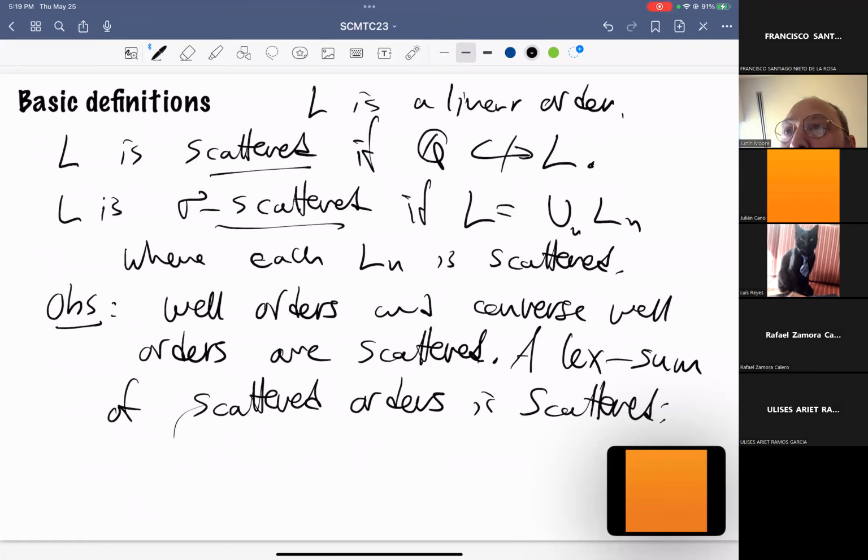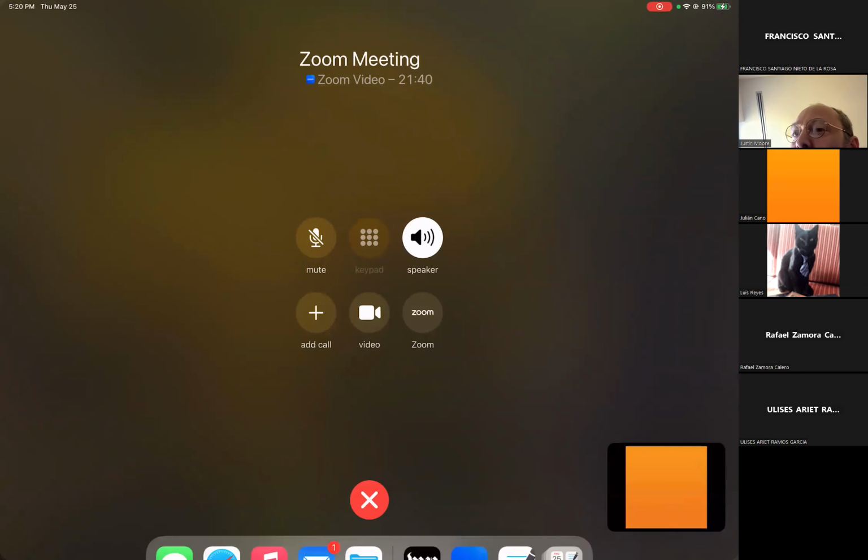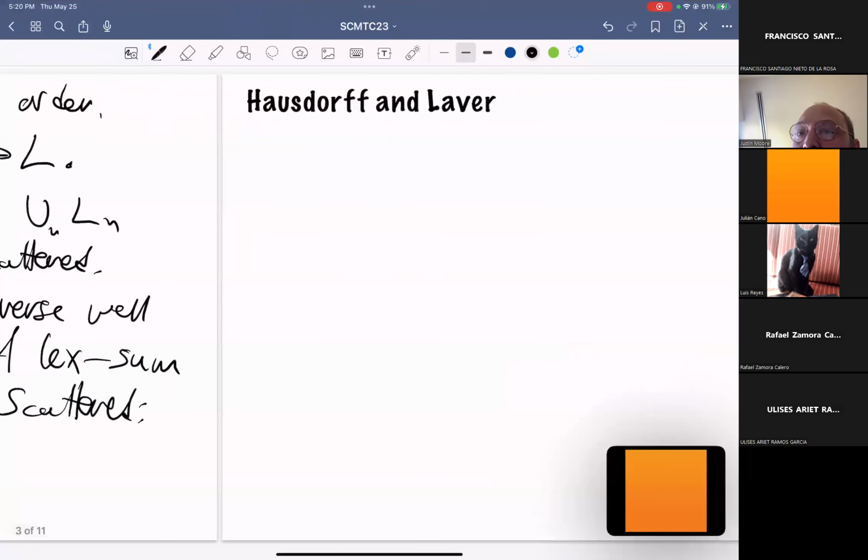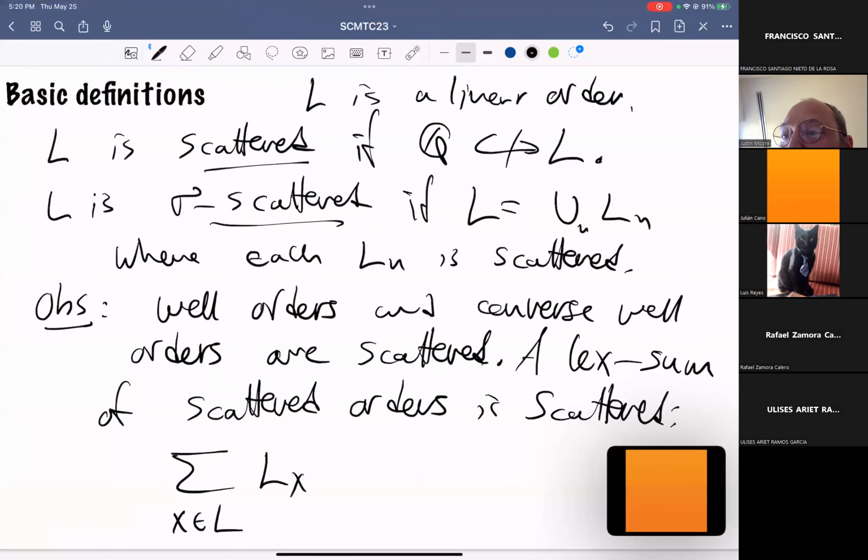By that I mean, if you have a linear order L, and you sum over x in L of L_x, this is scattered if L and all the L_x are.